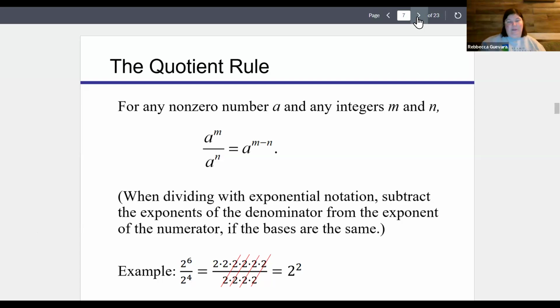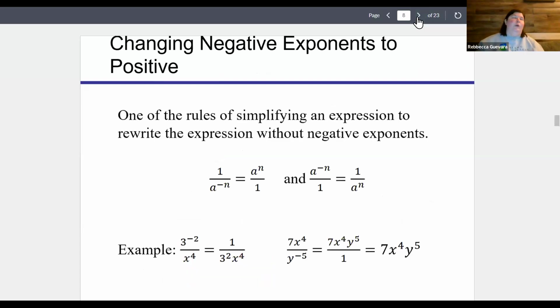This will explain how this works in a second. When we were doing the product rule and getting those answers, I said they were simplified-ish. They weren't 100% there because we had negative exponents. One of the rules of simplifying with exponents is that we like our exponents to be positive. If I had something like 1 over a to the negative n, it's kind of like flipping the whole thing.